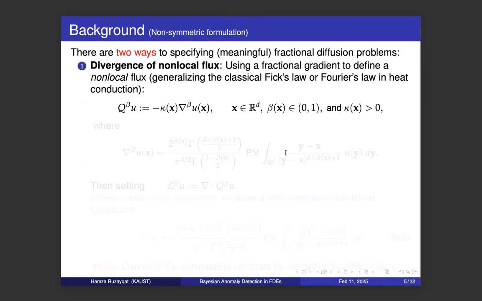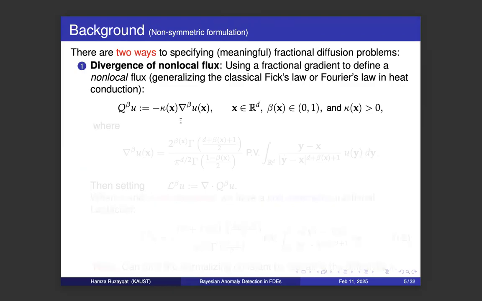There are two ways to specify the fractional diffusion problem. The first way is the fractional Laplacian being a divergence, like the regular divergence, of a non-local flux.